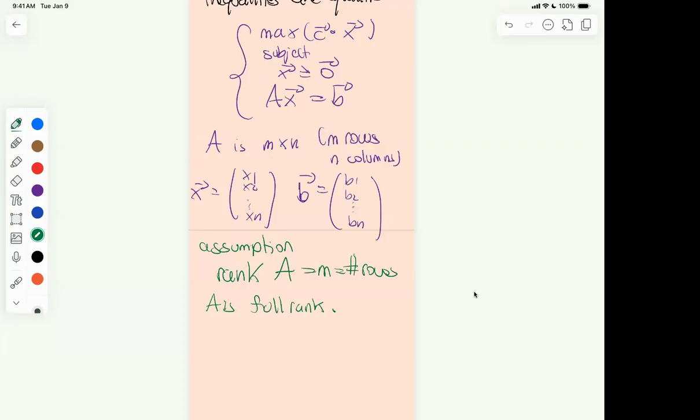What you get after doing operations to the matrix A, you're also doing the same row operations to the vector b, so the vector b also gets affected. And that's where the inconsistency could occur.